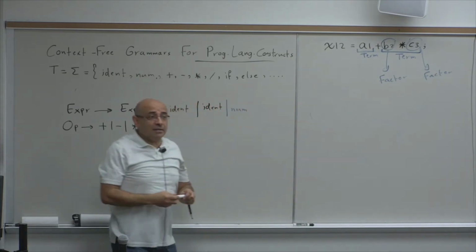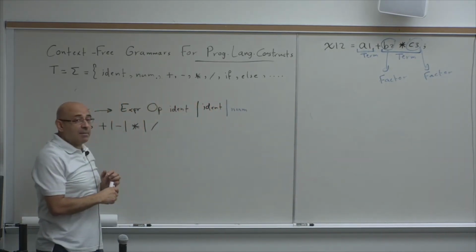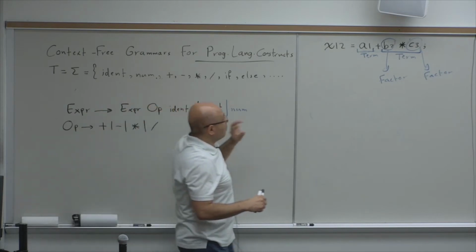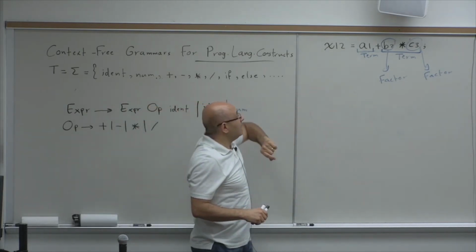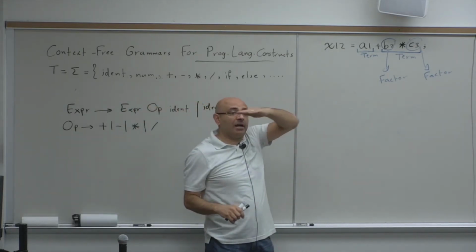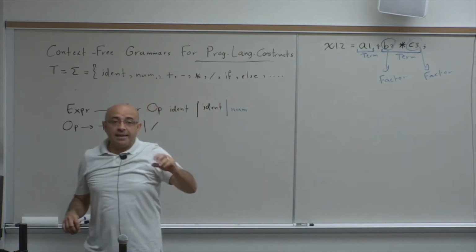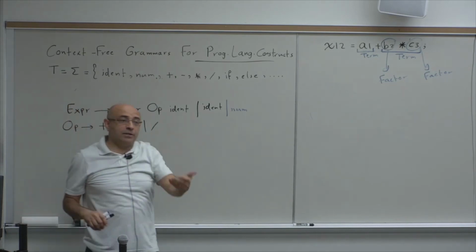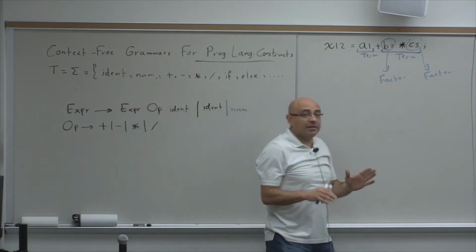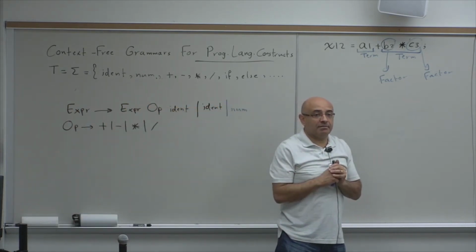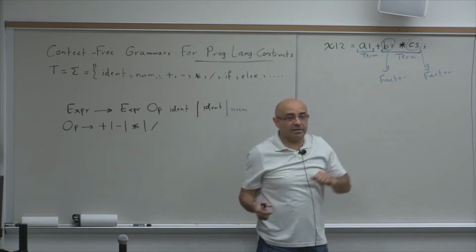So now the key idea to write a grammar that properly captures the precedence is to define the grammar such that on a high level, the expression consists of terms, and then we define a rule for a term. The term can have factors in it. So we divide it into two levels.